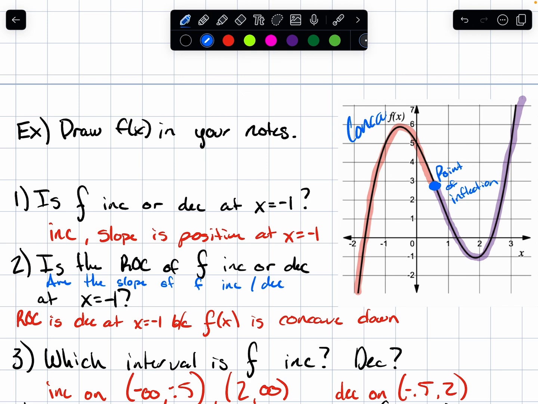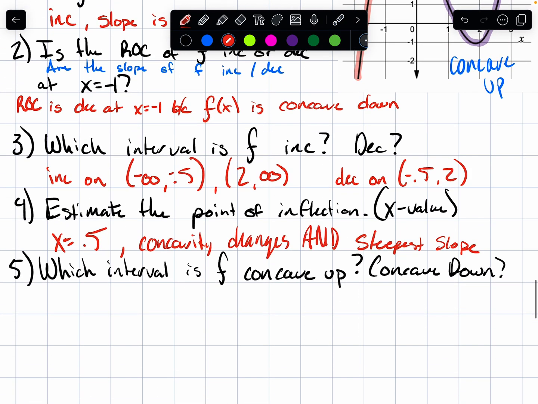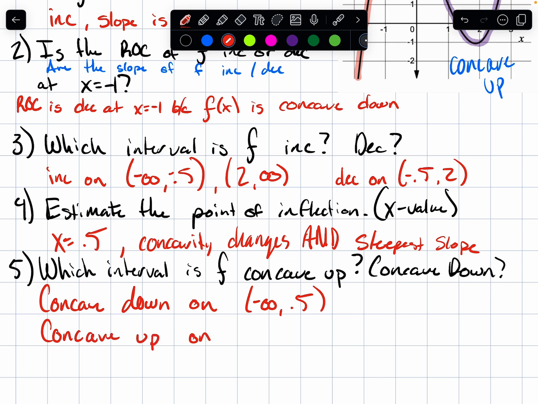So we're concave down, and then concave up. So I'll leave that up for a second, and then we'll go ahead and write those intervals at the bottom. We're going to notice that that point of inflection is at 0.5, so our intervals are going to kind of surround there. So I'm going to say we are concave down on negative infinity to that positive 0.5, because that's where that concavity changes. And we're concave up on 0.5 to infinity.